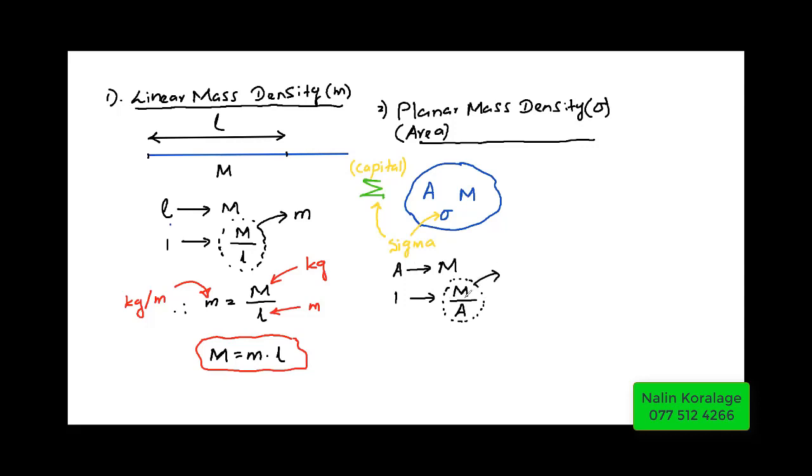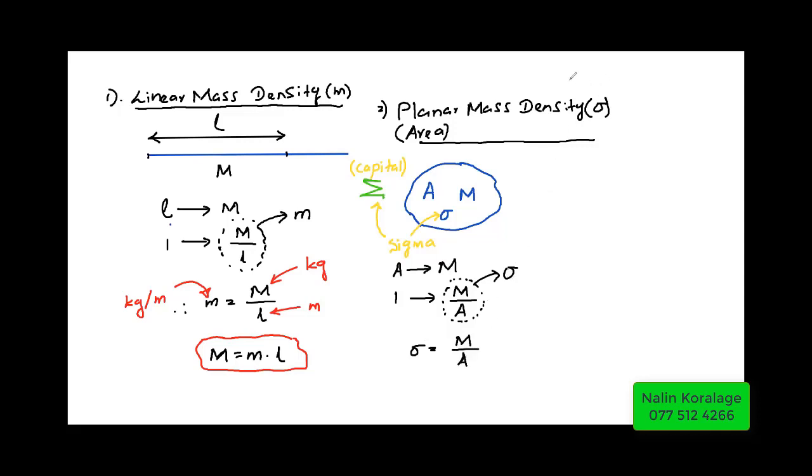By definition, mass per unit area is the planar mass density, or area mass density. So therefore, we got the equation: sigma is equal to the mass over area.